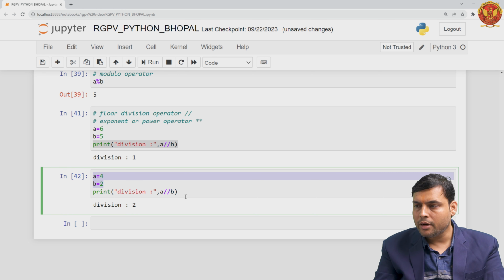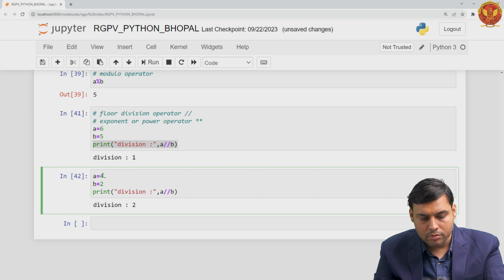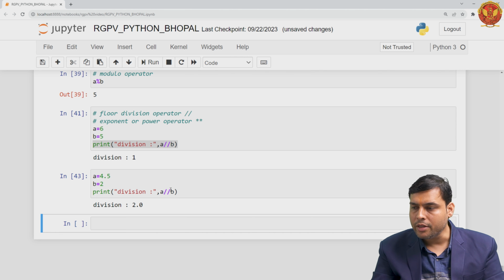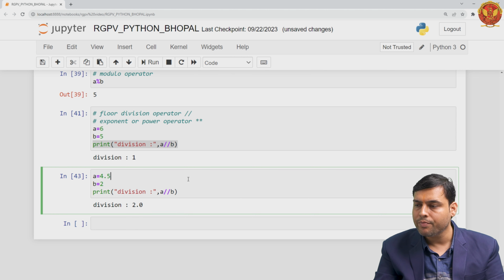So when you are giving the integer value, the floor division operator is returning you the integer value only. But if any one value of your numerator and denominator in the floor division is a float value, when you run this code, you will be finding a float value.